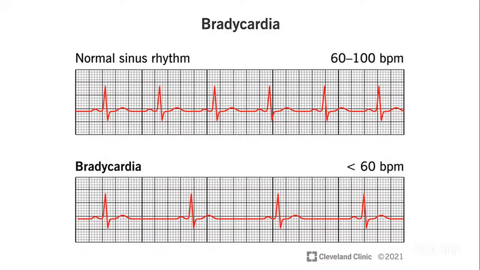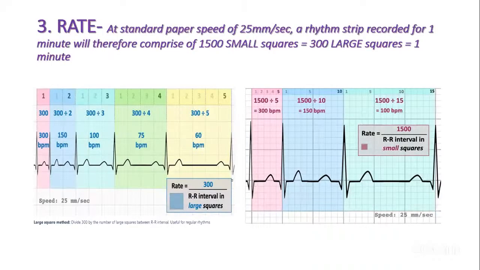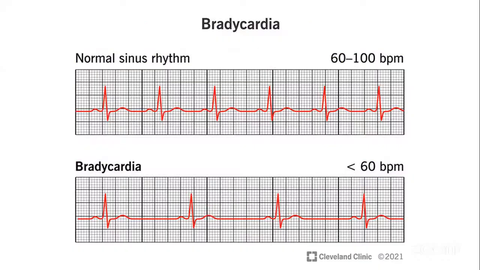So this is definitely less than 60 beats per minute, because what you do is divide 300 by the number of big squares between the two R waves. I said the one below is 7.